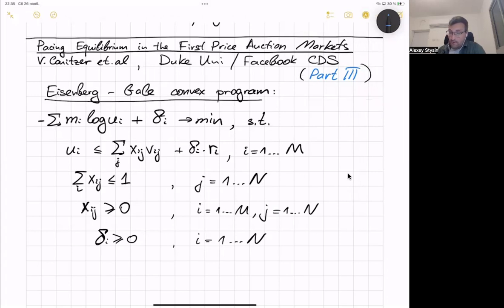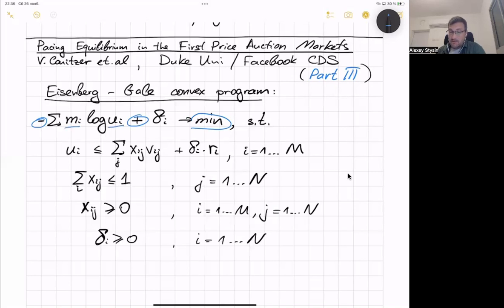So right here, I just wrote this Eisenberg-Gale convex program again. This time, I just flipped the signs in the objective function. So now we have the minus here and the plus here. What we are doing here is minimizing the sum of logarithms of agents' utilities weighted by the budgets.